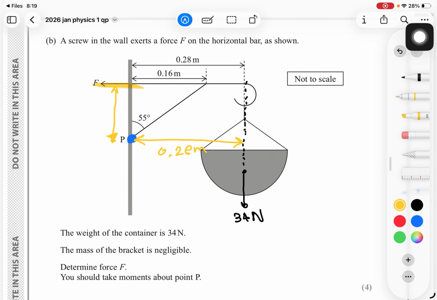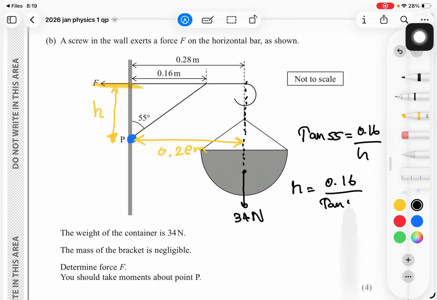This distance is not given, but we can of course use the tan value. If we call this H, we can write tan 55 equals 0.16 divided by H. So H will be 0.16 divided by tan 55.